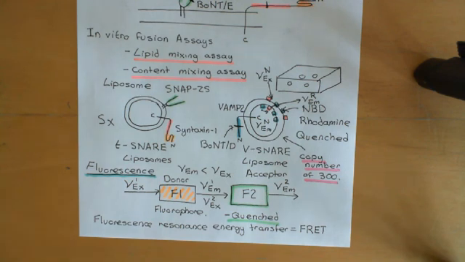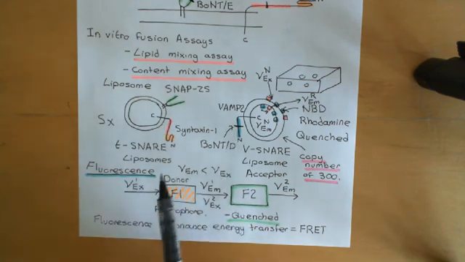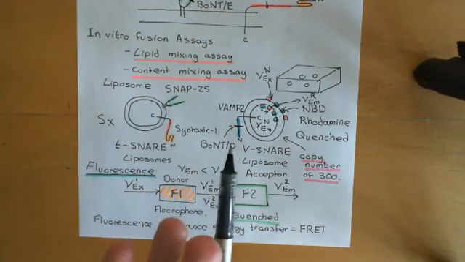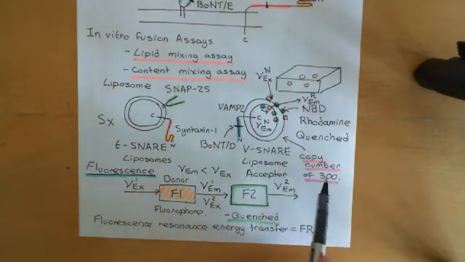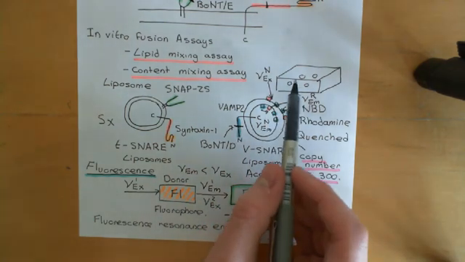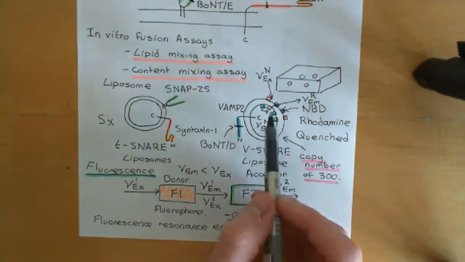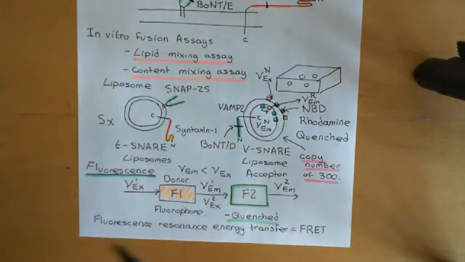Okay, the final thing that I want to say, which is a pro for this, is how useful it is. You can add into the medium where you're doing this in vitro fusion assay regulatory proteins and see if they increase the signal. So you can decrease the copy number of VAMP2 in the V-snare liposomes, and then the signal you get when you mix these two populations will be non-noticeable.